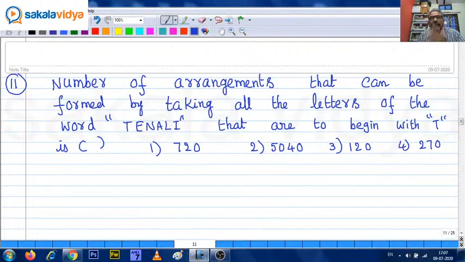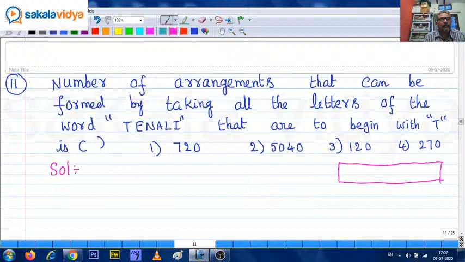Begin with T means the first place should always be fixed with T, that's all. Then fix T in the first place, the remaining places are to be filled with remaining letters. That we need to do. So first of all, blank places method, empty places method. First write down the solution. Number of letters is equal to 1, 2, 3, 4, 5, 6. 6 letters.